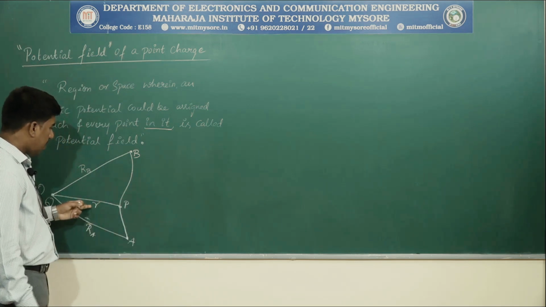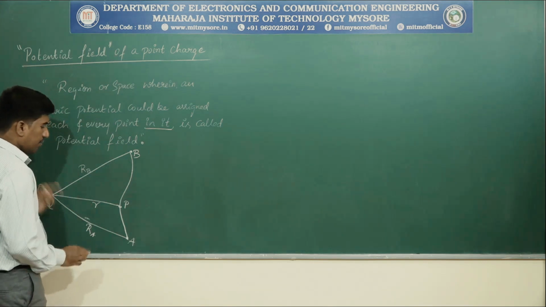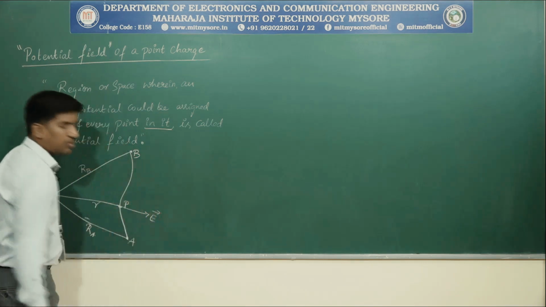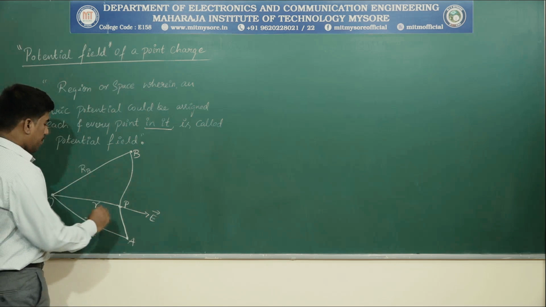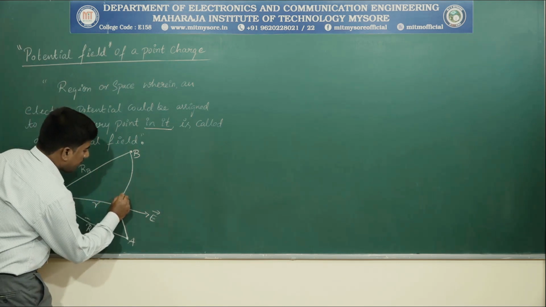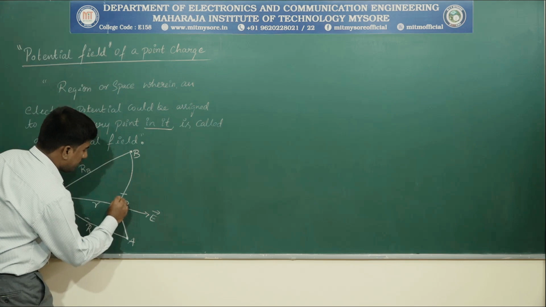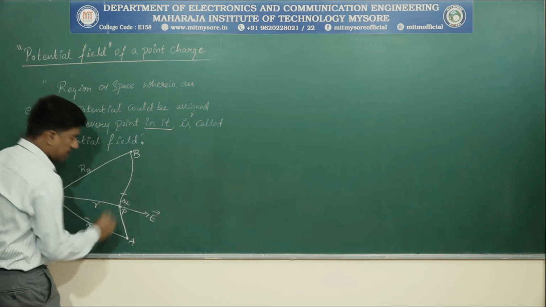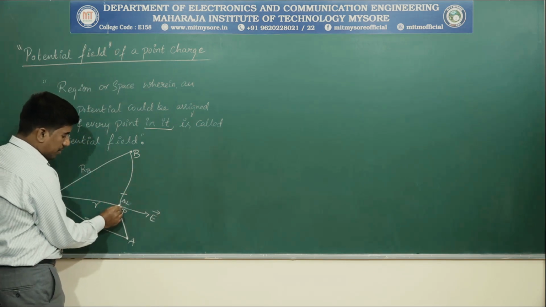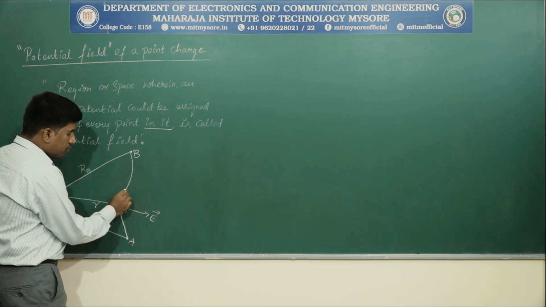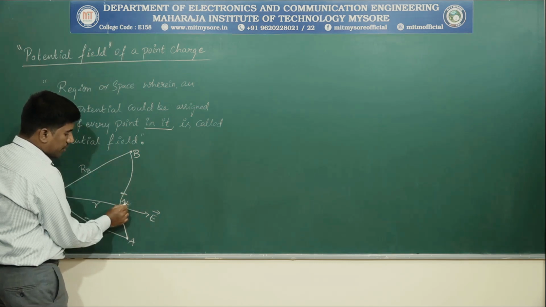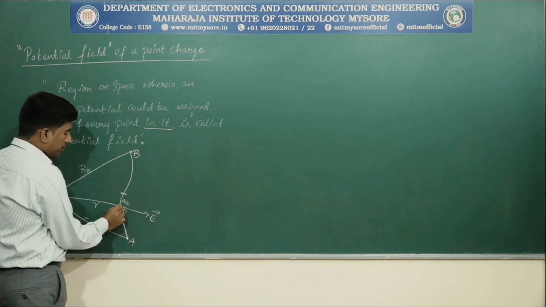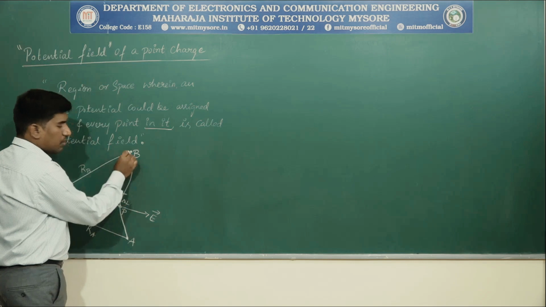The electric field E is coming out in this direction. Now consider a differential length delta L. The charge at point P is moved further by a length delta L towards B.